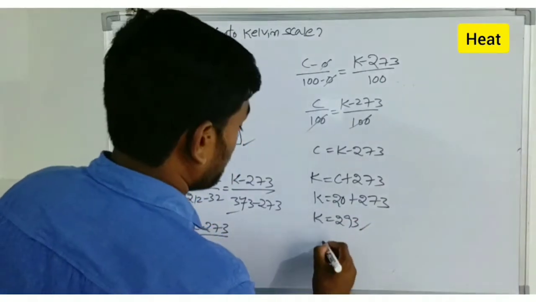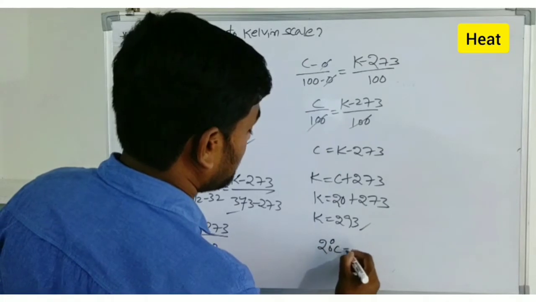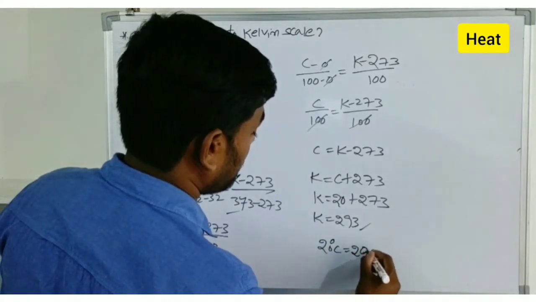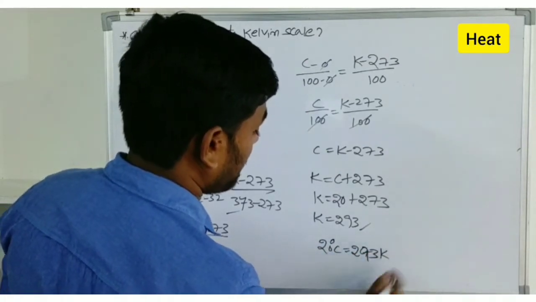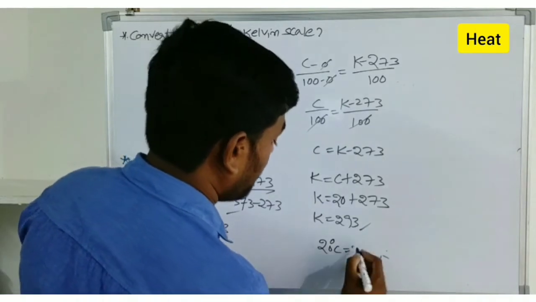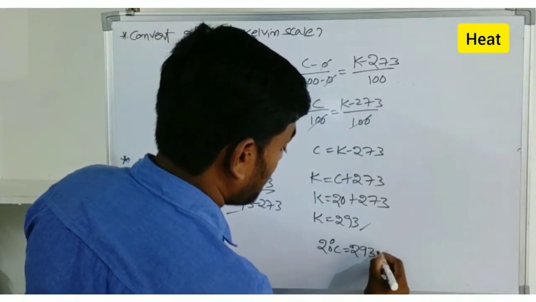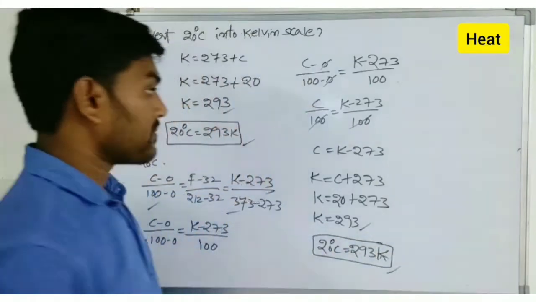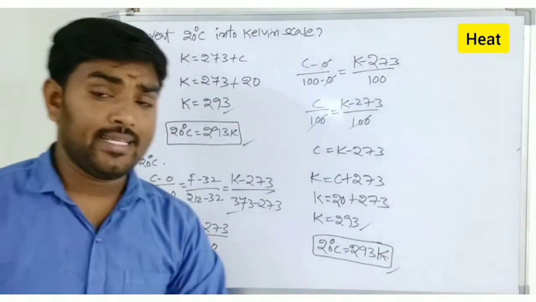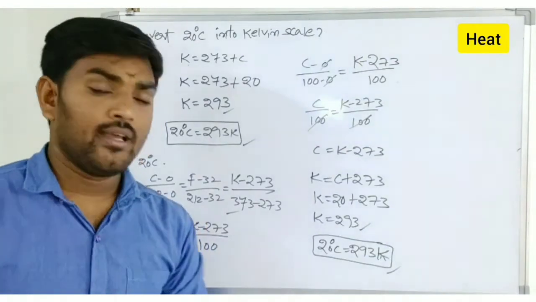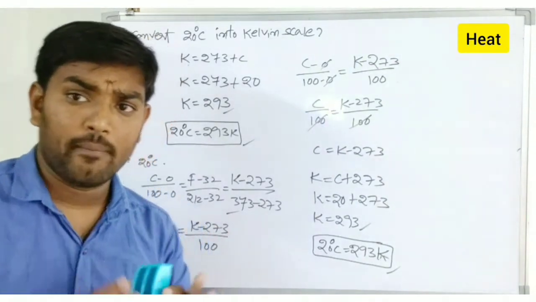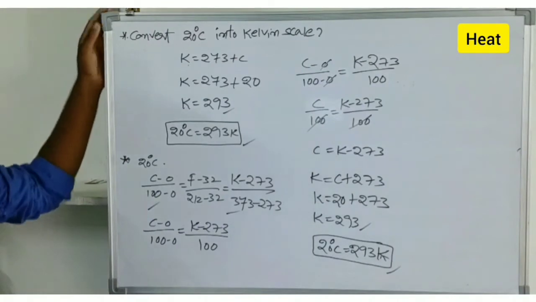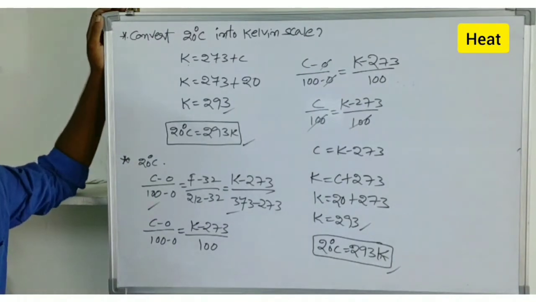So 20 degrees Celsius is converted into Kelvin scale. The final answer is 293 Kelvin. Temperature measured on the Kelvin scale is called absolute temperature.